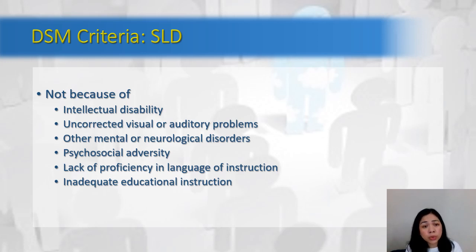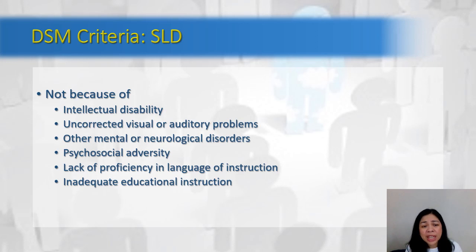It shouldn't be due to uncorrected visual or auditory problems because you may have reading difficulties because you cannot see the words. You have vision problems. So it cannot be called a specific learning disorder if your difficulty is purely due to the vision or auditory problems.